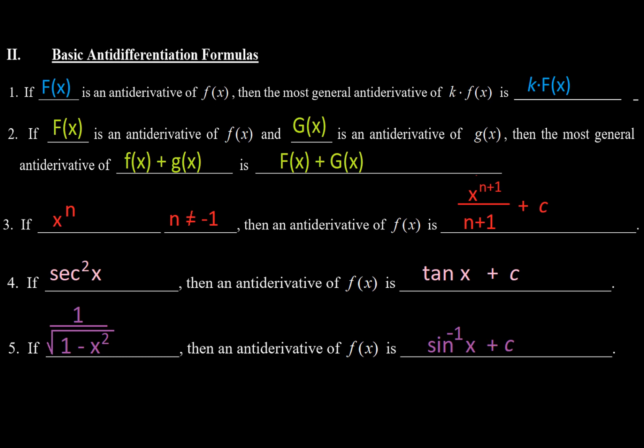Exactly. Don't forget plus C. And of course, there are so many more. Think about all the derivative rules that we have learned in the last few chapters. That's why it's so important to remember them, because now we're going to do the opposite of them.